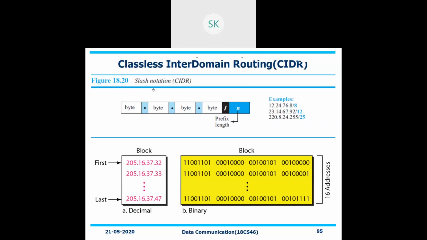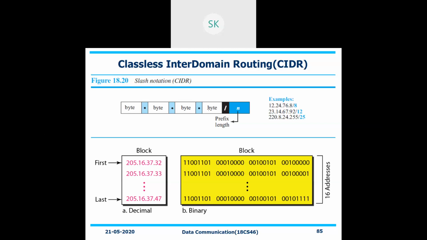Okay, see here. What they have done is classless interdomain routing. What is this classless interdomain routing all about? First, the particular 4 bytes of data we were analyzing, the same thing, there is no change in it. Only thing is, instead of classifying it, we were making the groups by ourselves, right? 1 to 10 is one group, 11 to 20 one more group, 21 to 30 one more group.